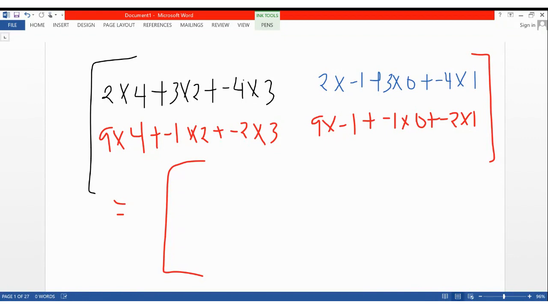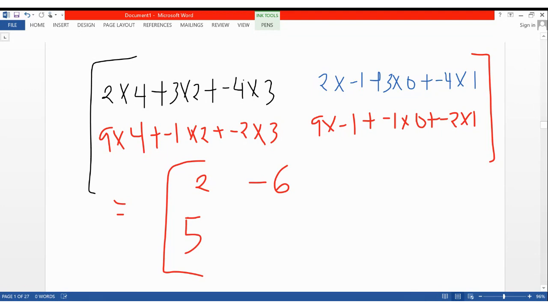The other one is negative 2 minus 4, negative 6. So the other one is 13 minus 2 minus 6, that is 5. And then negative 9 minus 2, that is 11. And I'm done with that one.